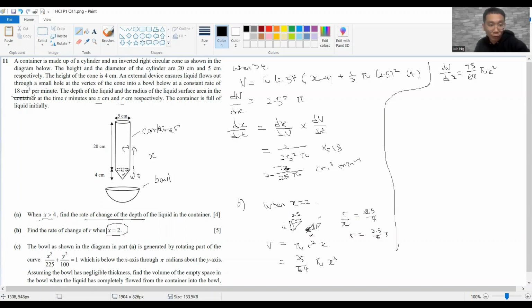Wait, no, of r. So dr. I got it wrong. To find dr/dt, you will definitely need dr here, and dt here. That's why this thing needs to be in dV, because dx, can you make sense? Because we don't know what dx/dt is.